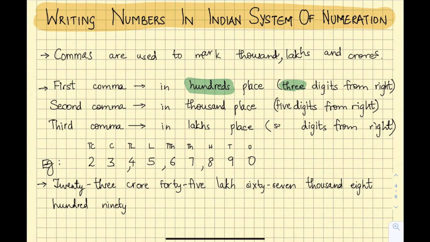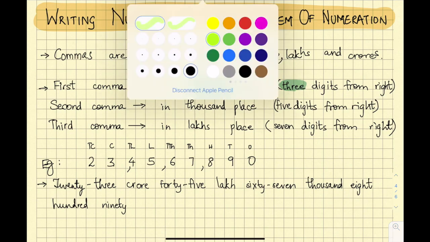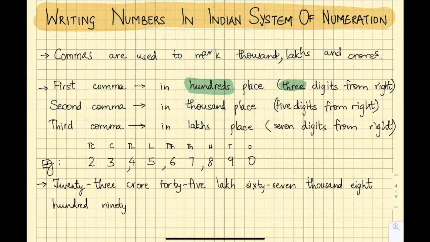That is 7 digits. So I hope this is very much clear to you all. You have to just apply basic logic. First is intervals of 3 from the extreme right, then we have the intervals of 2 and so forth.